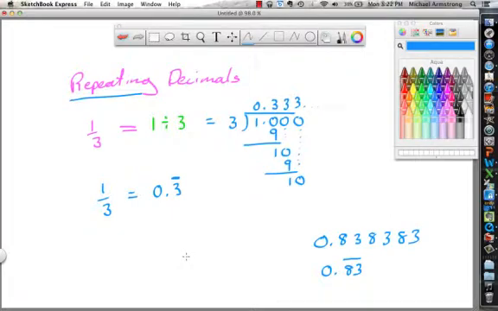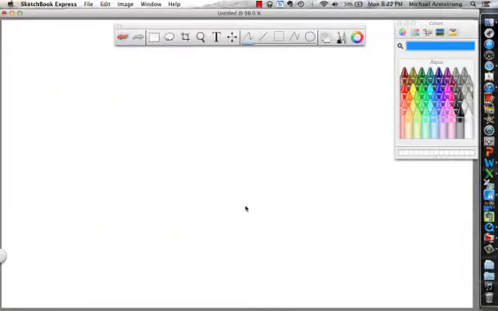But if my answer was 0.833333 forever and ever, I would have to write this as 0.83, and the bar would just be over the 3, because the 3 is the only part that's repeating, not the 8 and the 3. Does that make sense, the difference between this one and this one? I think it does.